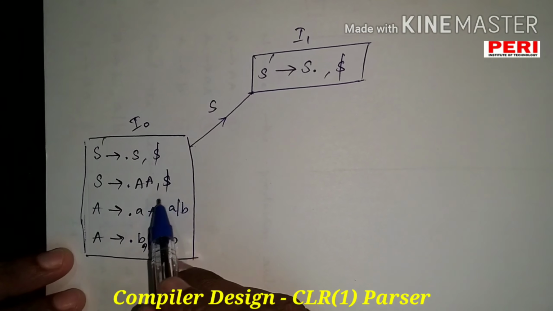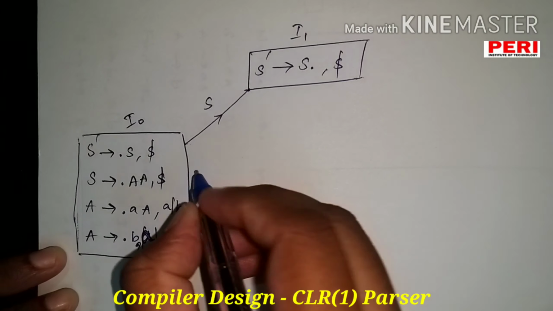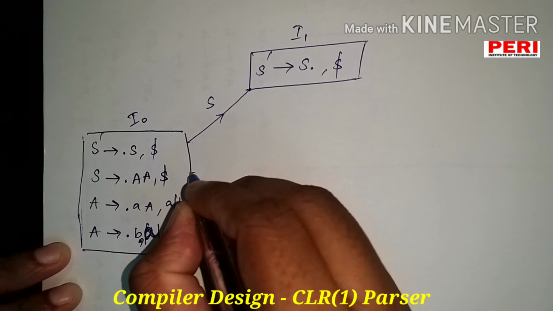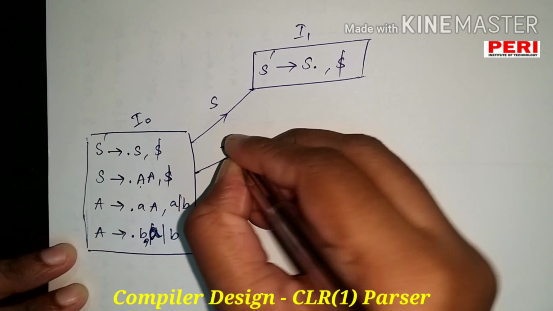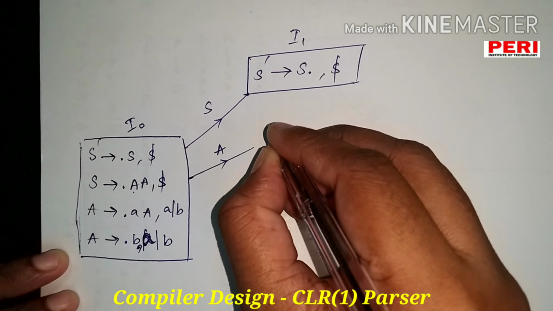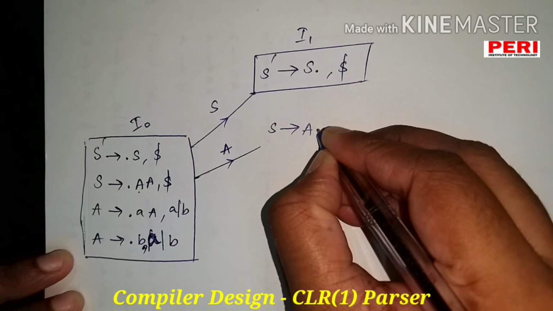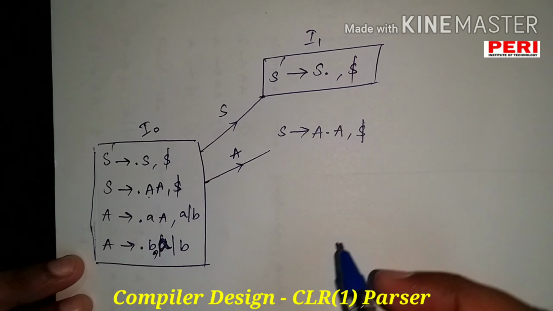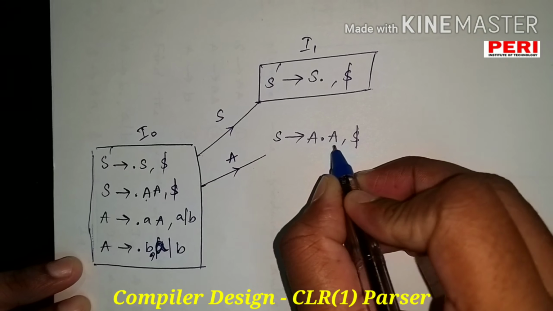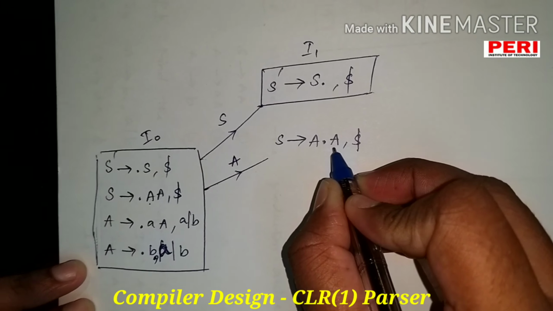Now coming to the second production, the dot has to move to the next position. Therefore, I am going to traverse through this capital A. On traversing through A, the production will be S tends to A dot A, comma, dollar. As you already know, the next letter after the dot is a non-terminal.